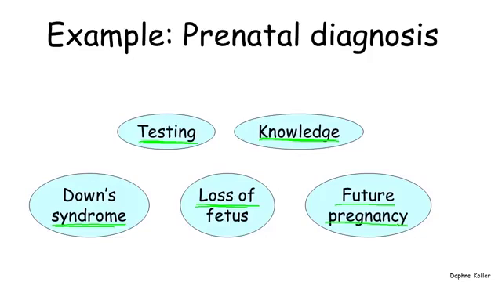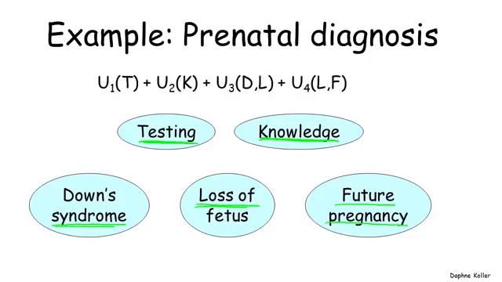Fortunately, it turns out that many people have a lot of structure in their utility function, and specifically they can break down the utility function as a sum of subutilities, just as we had in the context of the influence diagrams. And for many people, that decomposition looks like the utility of the testing, a separate component for the utility of the peace of mind of knowledge. And then we have these 2 pairwise utility terms, the first of which is a term that depends simultaneously on Down syndrome and on the loss of the fetus.